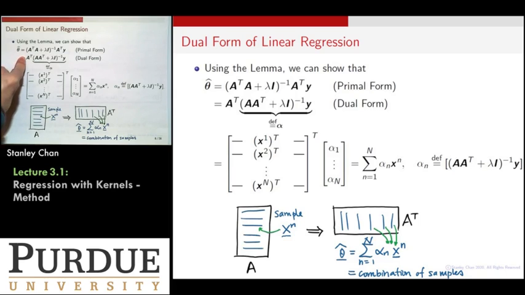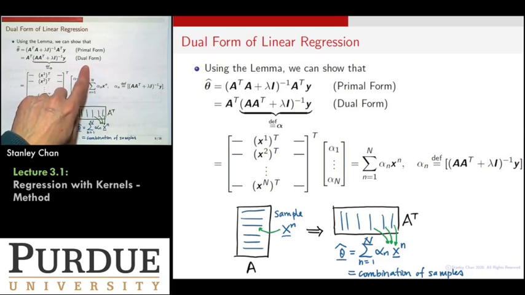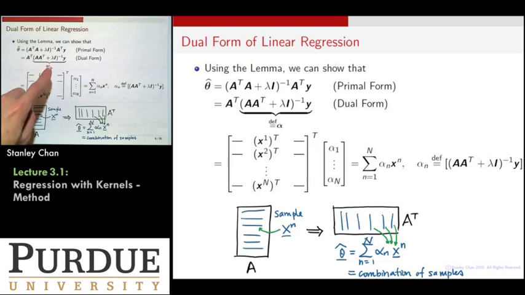Do you guys follow me? These two are equivalent according to the lemma I've just shown you. This is called the dual form. It is somewhat different from the primal. However, they will have the exact same result. They're the same theta.